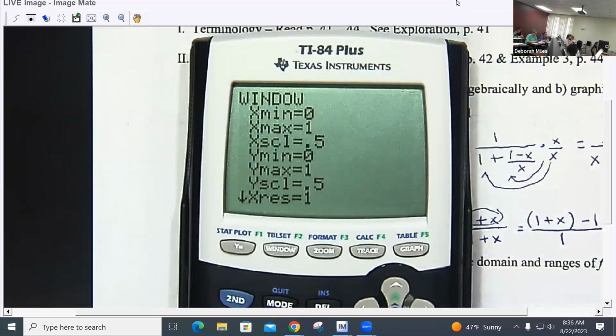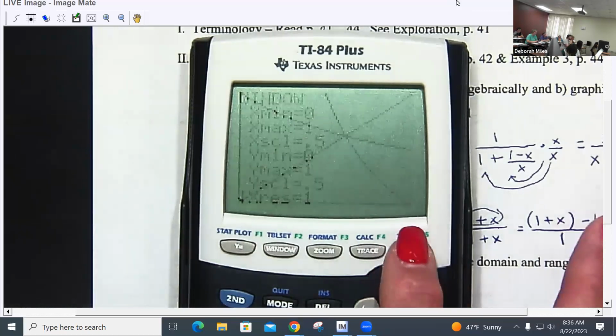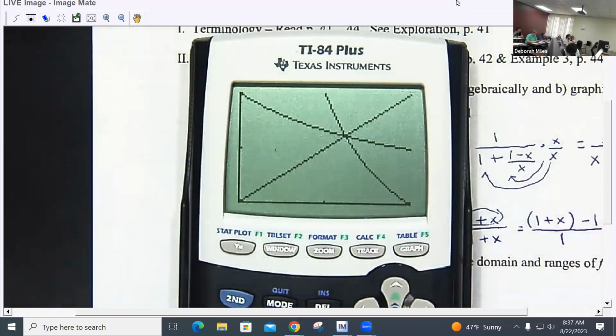And then when Isaiah hit graph, even some TI-84s let you graph in different colors. Maybe the f of x is in blue and g of x is in red, and sure enough, you can see here's the line y equals x.